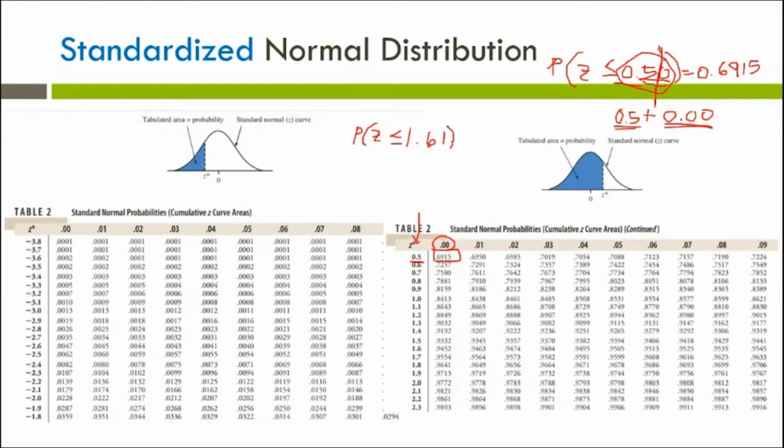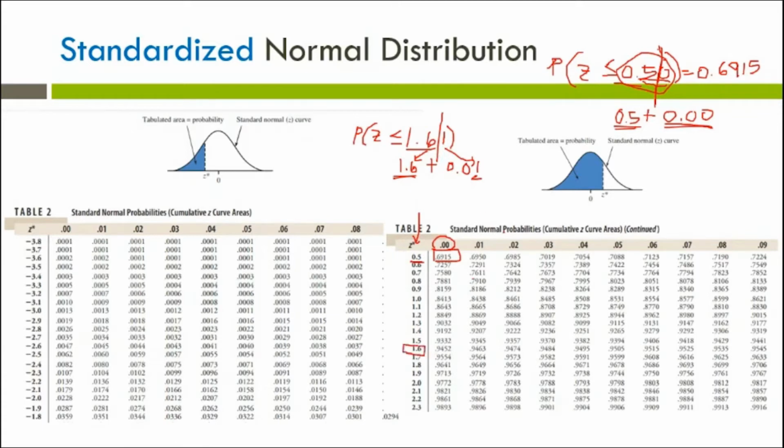So again, we'll have to divide them by 2. So you will have 1.6 plus 0.01. So this is the first group, and this is the second group. Look into the rows of the first column. Find 1.6. Here we have found 1.6.